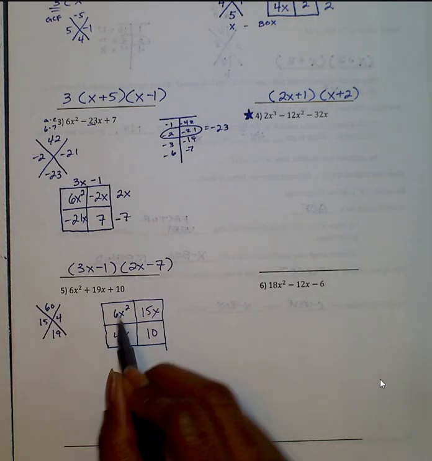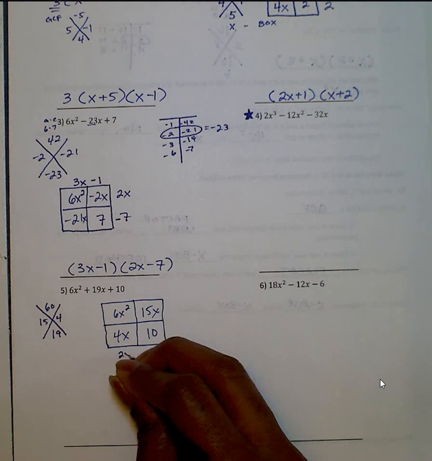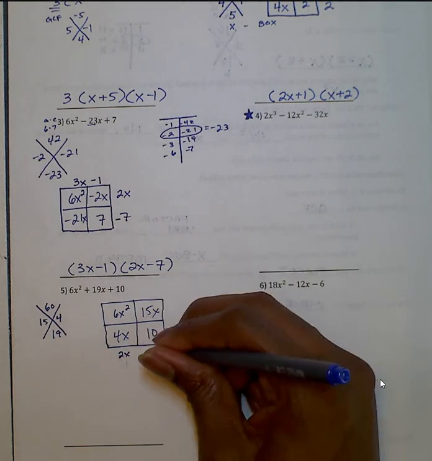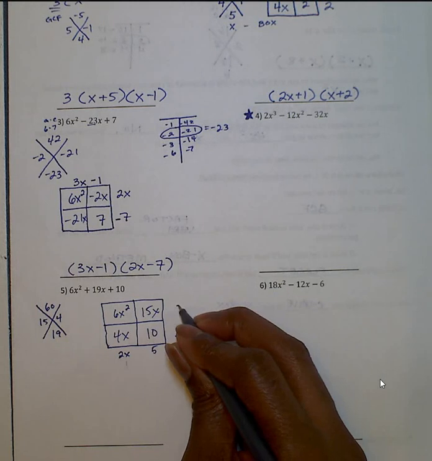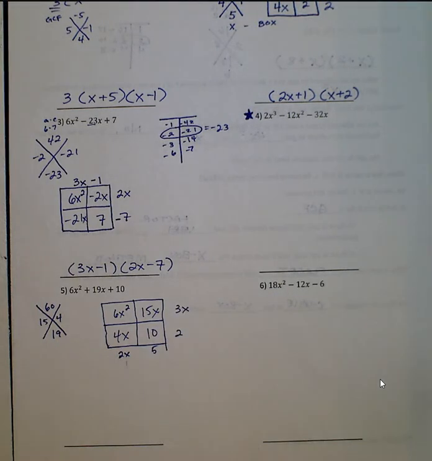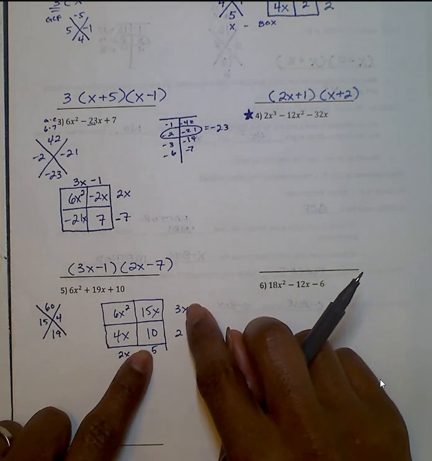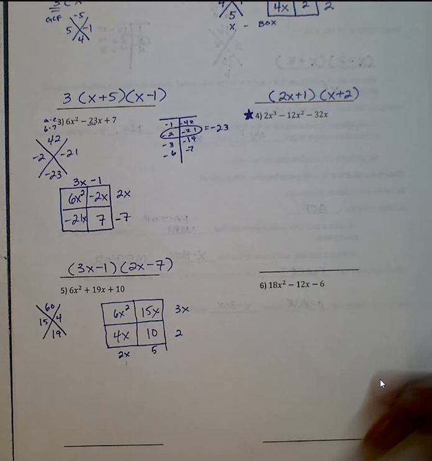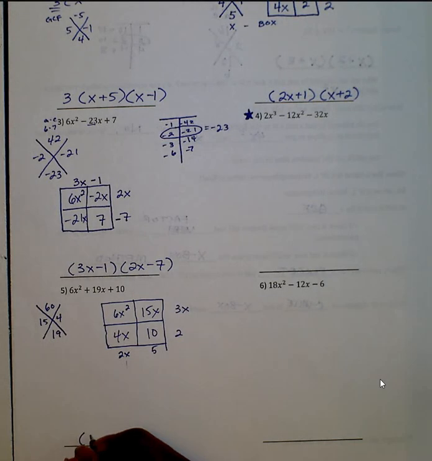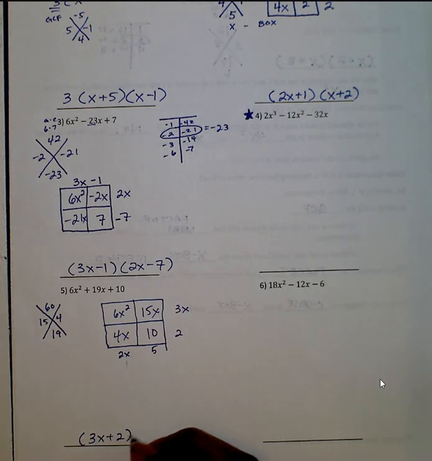So GCF here, 2x. GCF here, 5. GCF here, 2. GCF here, 3x. Okay. I can go through and make sure they all multiply to give me what's in the box. 2 times, yep. Alright, that works out. And so now I have 3x plus 2 and 2x plus 5.